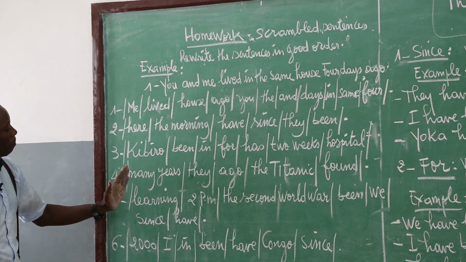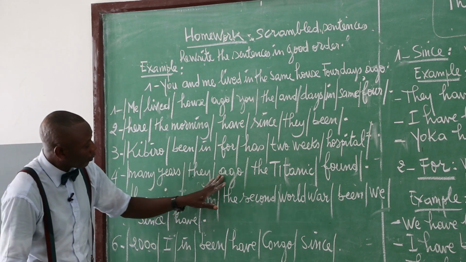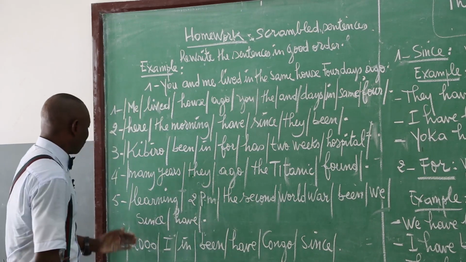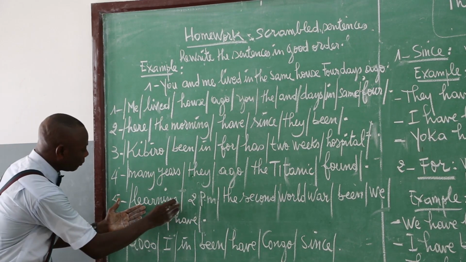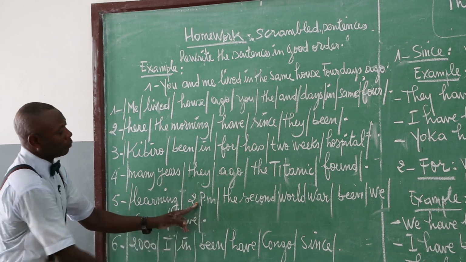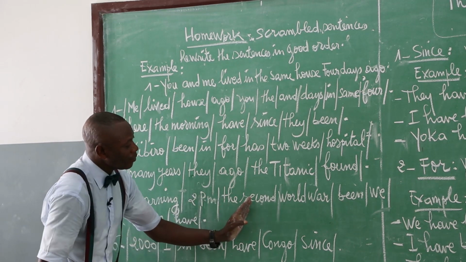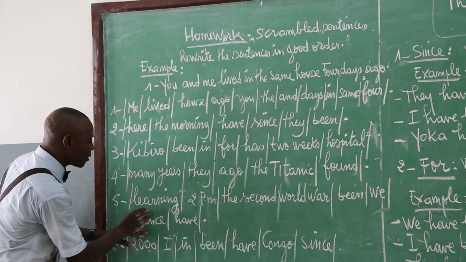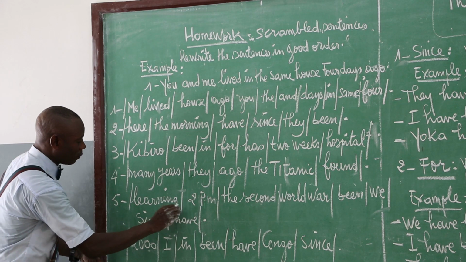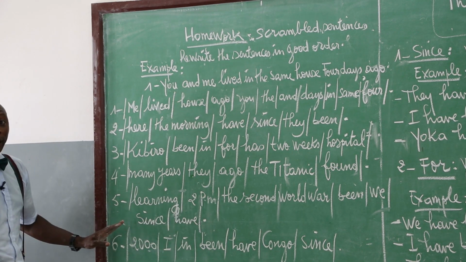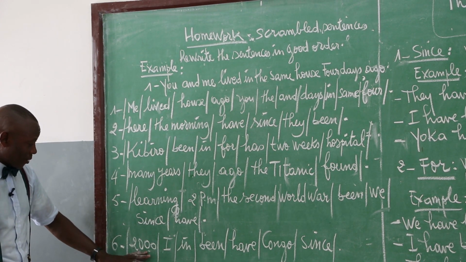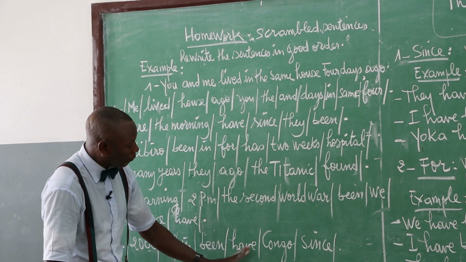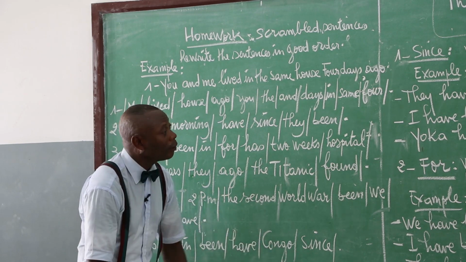Number 4, many years ago, the Titanic found. 5, learning, 2 p.m. The Second World War been we since have. And the last sentence, 2000, I in been have Congo since.